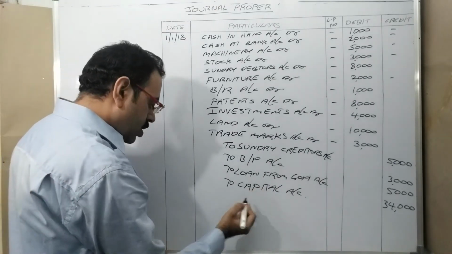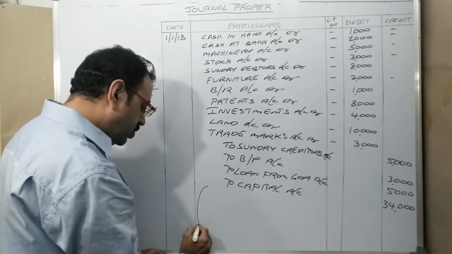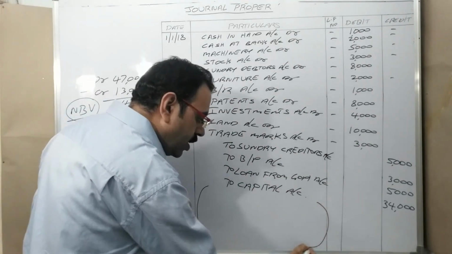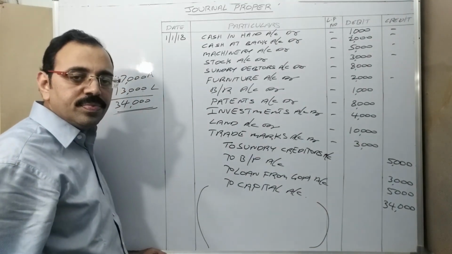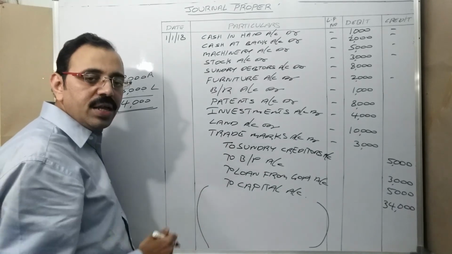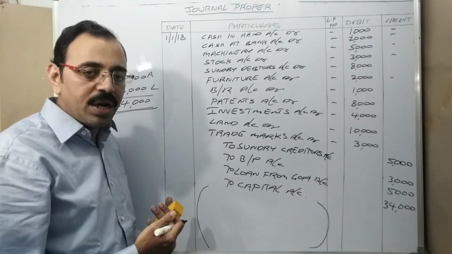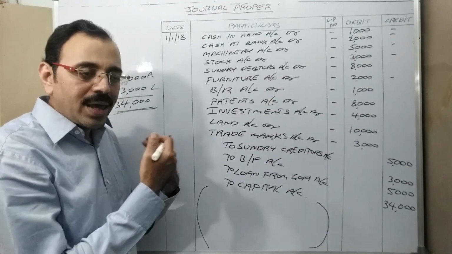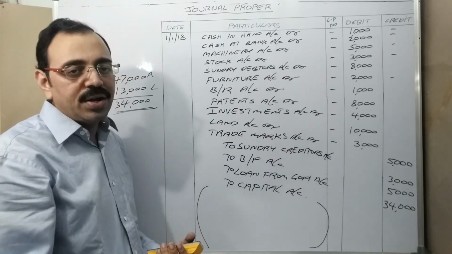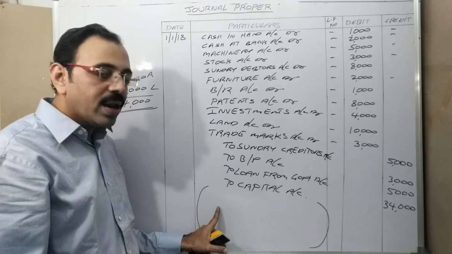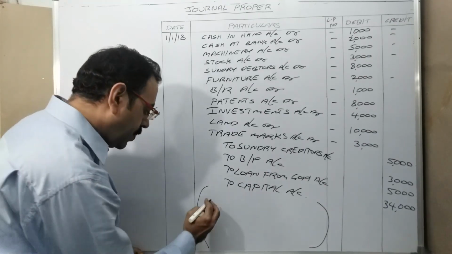Now, at the end of the journal entry, what should we write? Narration. Why are we writing this? Previous year's assets and liabilities we are carrying forward to the current year. Therefore, write that narration here.